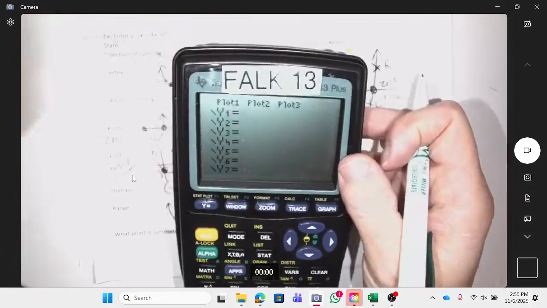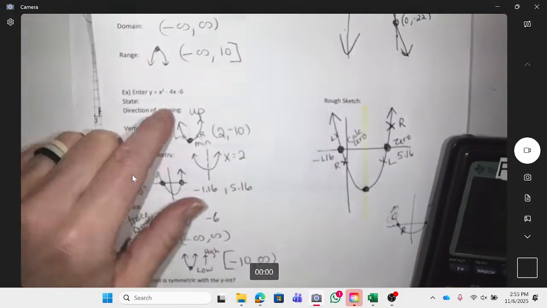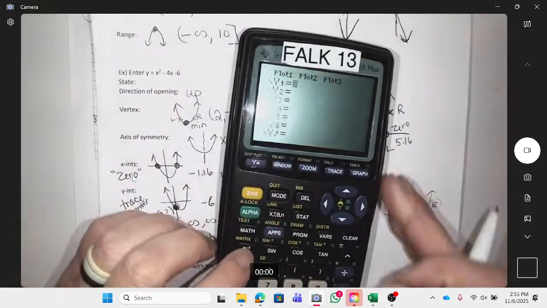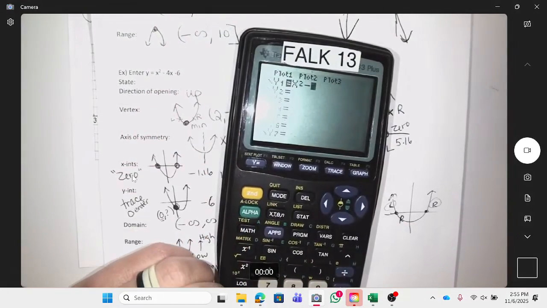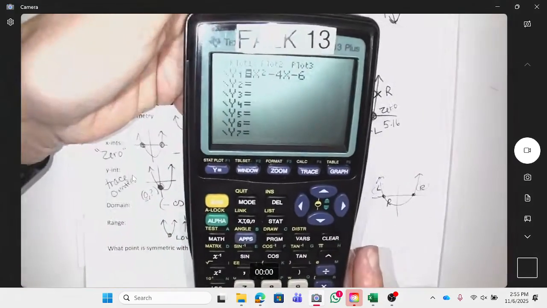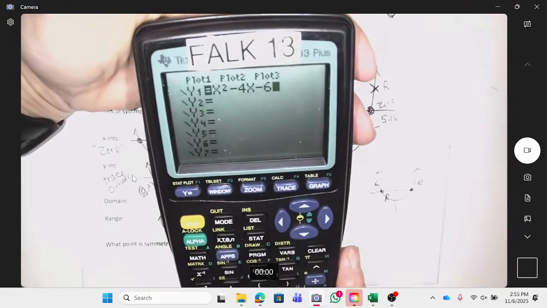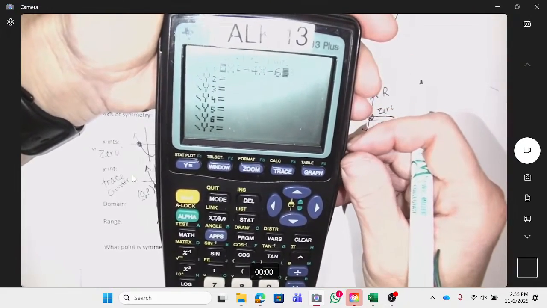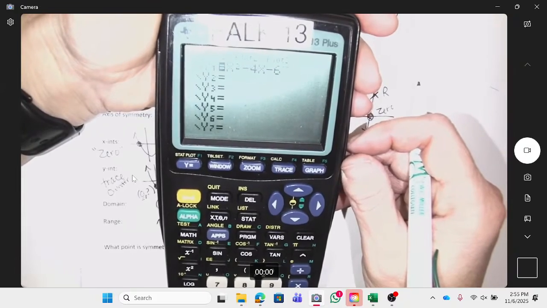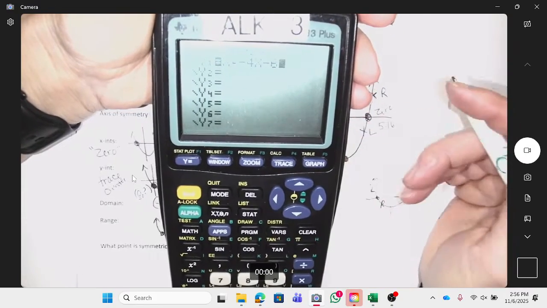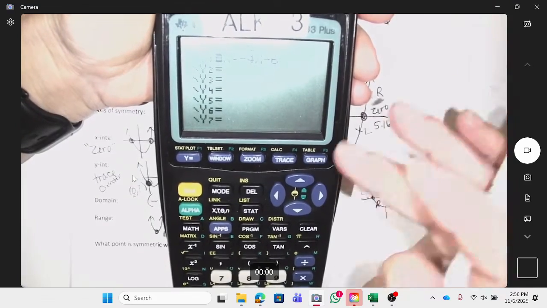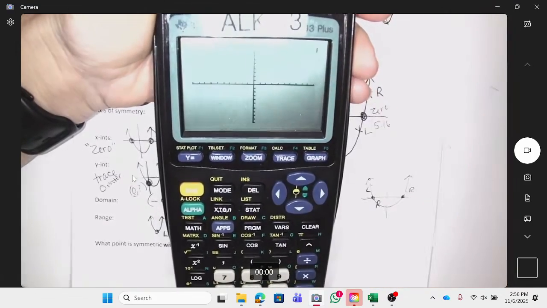Okay, can you give me the equation that we did yesterday? So it needs to go like this. You need to go x squared, subtract 4x, subtract 6. No negatives, those are subtracts. Do you remember last time that my window we changed a little bit? So I'm just going to reset it. What's the reset? Zoom 6.